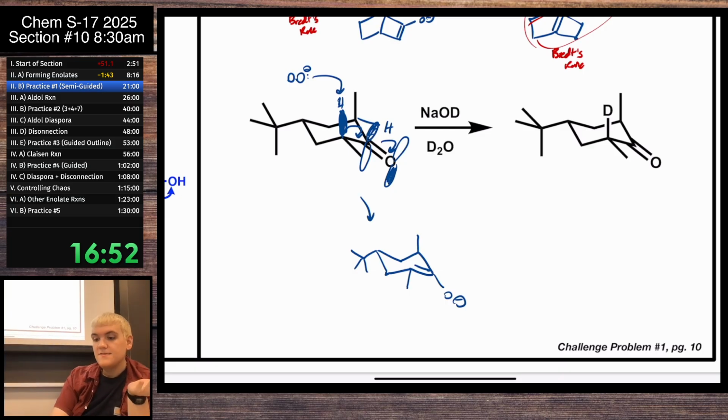So all we did is we removed a hydrogen here by making an enolate. And now our enolate's just going to go down and grab a deuterium. So it's kind of a silly mechanism, like we're doing something and then undoing it. But the purpose is to show that the only side we're going to form an enolate on is this left side. If we were forming an enolate on the other side, then we would have some product that would have a deuterium here, and we don't.